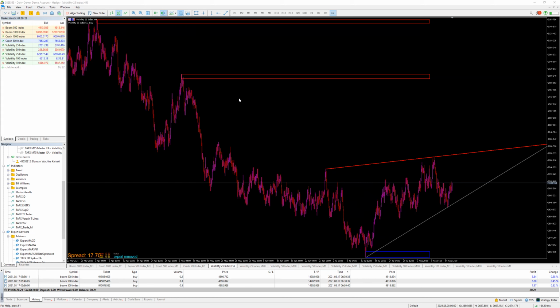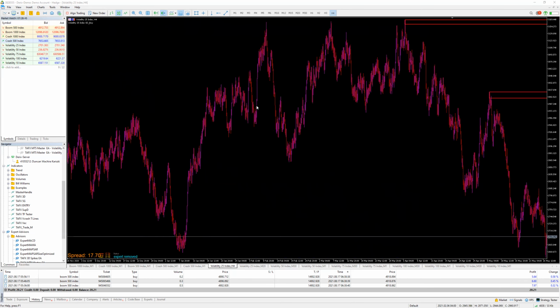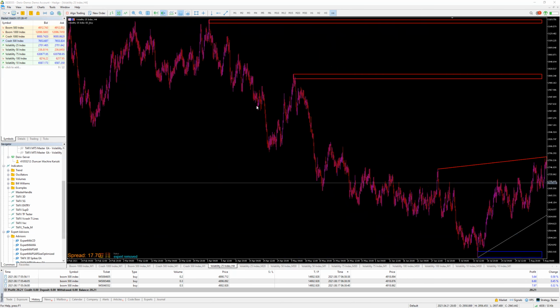Now, guys, let me show you how simple it is to identify the zones that you want to trade in small time frames, especially 15 minutes, 30 minutes, or even 1 hour. And today we are going to learn about identifying those zones in H4, the 4 hours time frame.